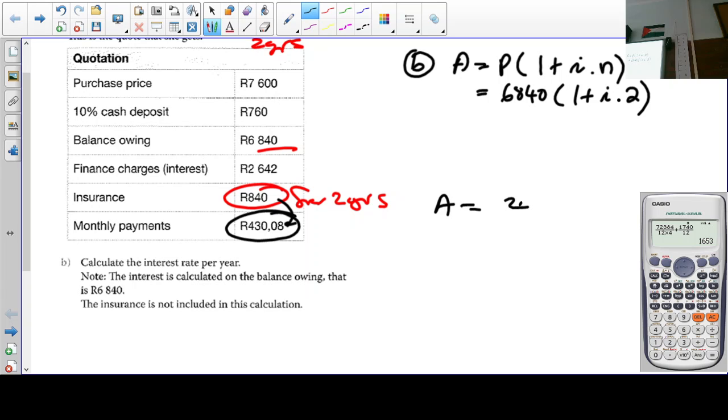It's going to be 430,08 multiplied by, how many months is this for? 24 months. So that will give us an answer of 10,321,92. Okay?